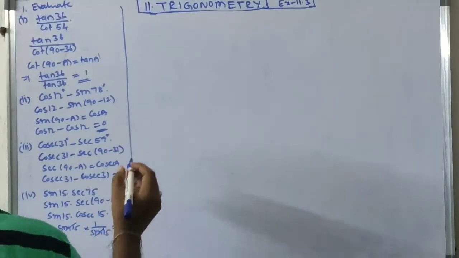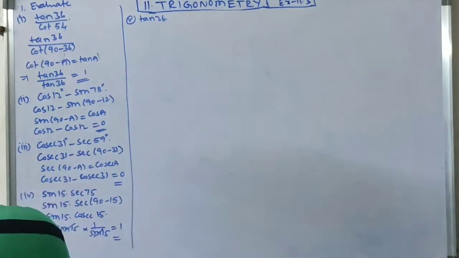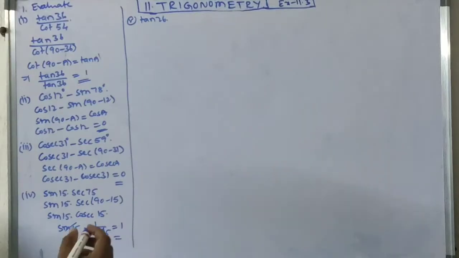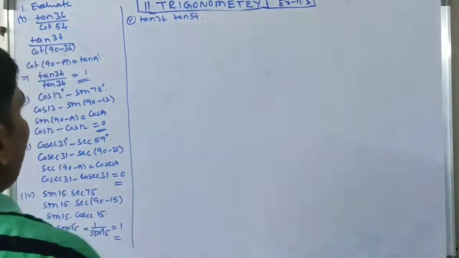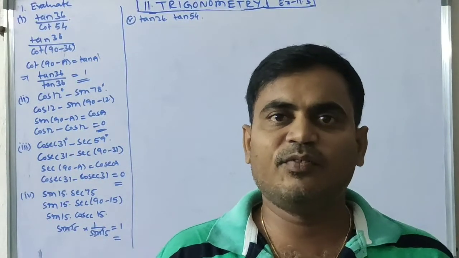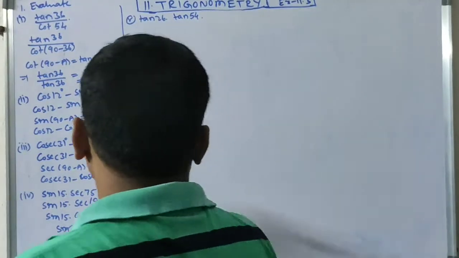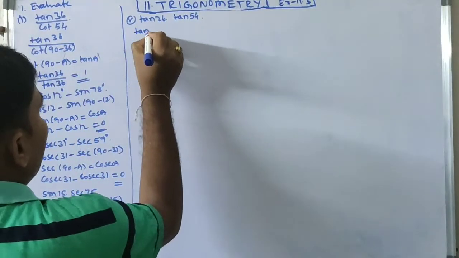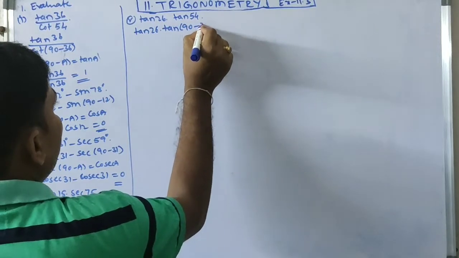Fifth one, tan 26 into tan 64. Again, 26 and 64 are complementary angles, 26 plus 64 equals 90. So tan 26 into tan of 90 minus 26.